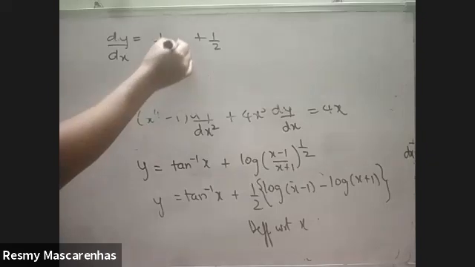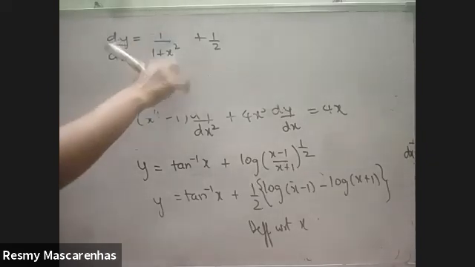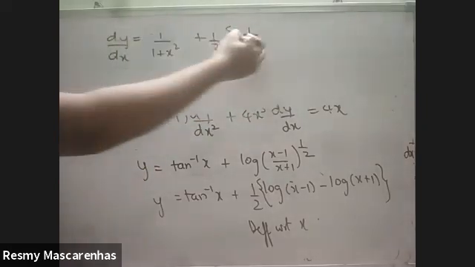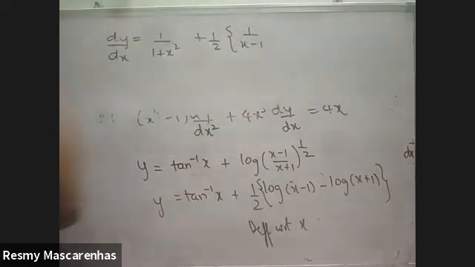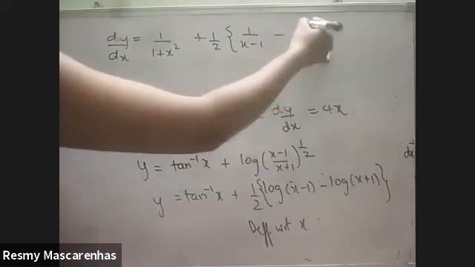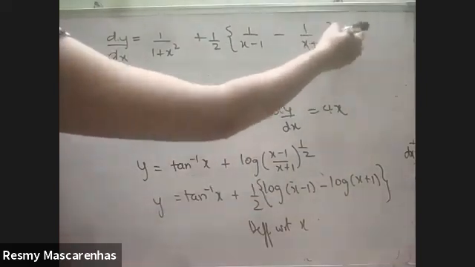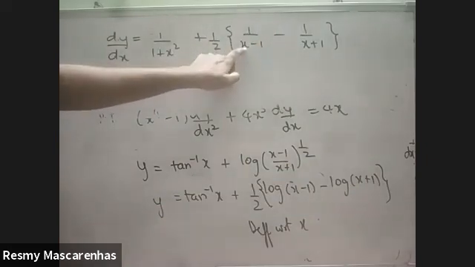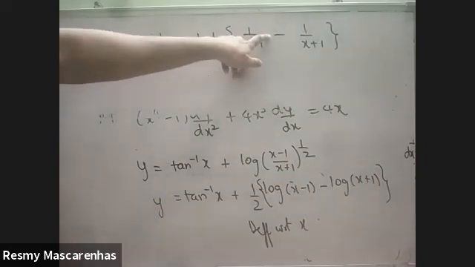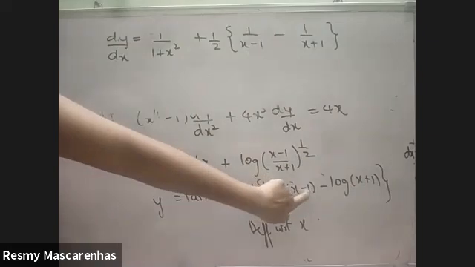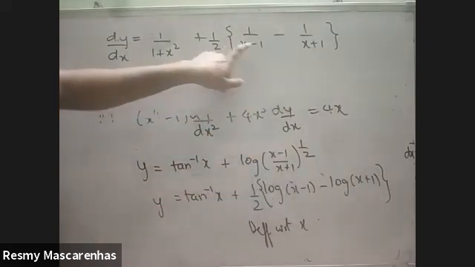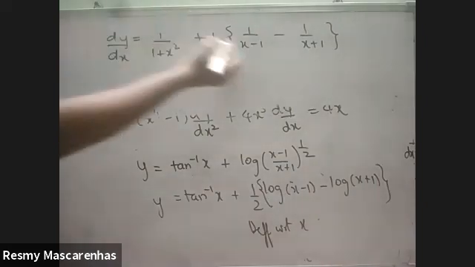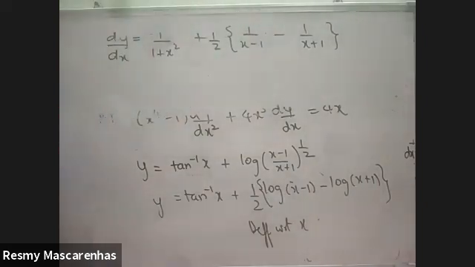Derivative of tan inverse of x will be 1 upon 1 plus x square, half out, 1 upon x minus 1 minus 1 upon x plus 1, into derivative of this. Even if you multiply by the derivative of this, the derivative of x is anyway 1, so there is no point. If it was 2x minus 1, then you would have multiplied by 2, but now this is a simple x, so it will be 1.